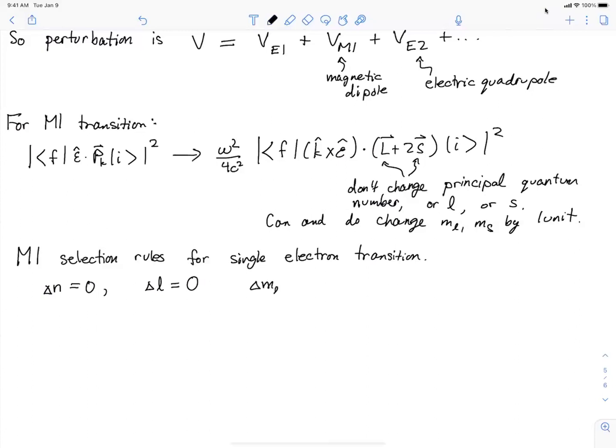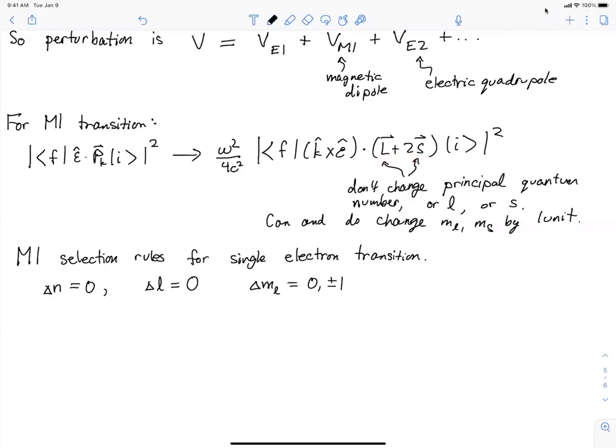The M component can change, but only by 0 or plus or minus 1. Because if you look at how the operator works, the S operator isn't going to change M sub L, and the L operator can, but it always changes it by 1 unit or 0 units.